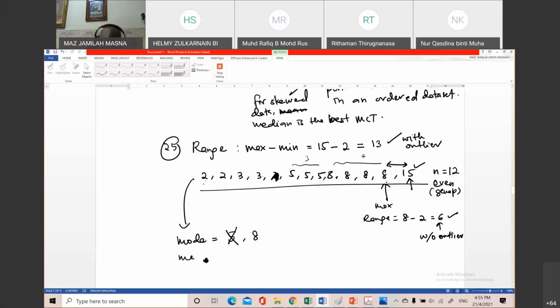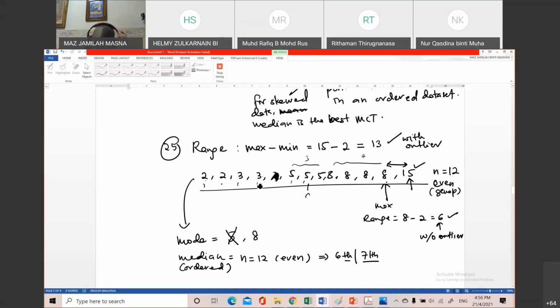What about your median? Median must be from ordered data, so please order them first. Since this has been ordered for you, what will be your median? Your median would be the middle value. Since your n here is 12, even, it will be between the 6th and 7th data. 1, 2, 3, 4, 5, 6.